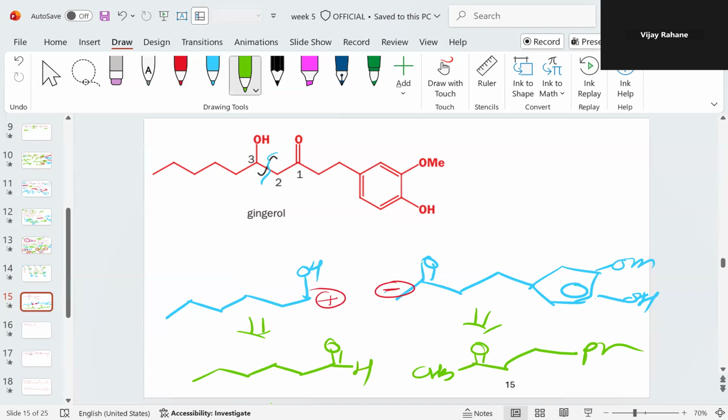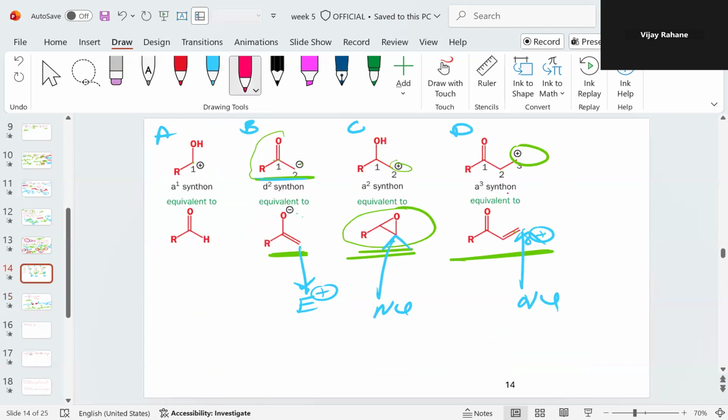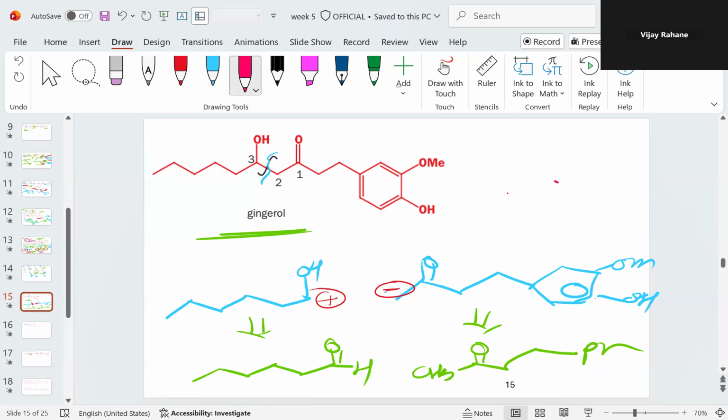So this is the simple retrosynthesis for this gingerol molecule. And you can now get to know why such an understanding or awareness of such toolkits is important.